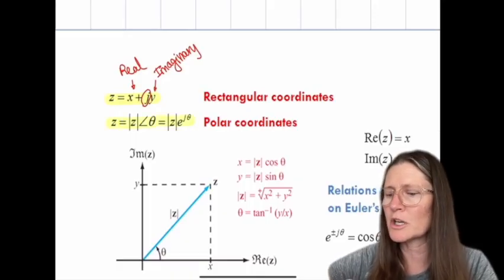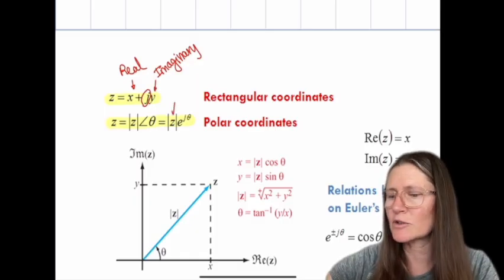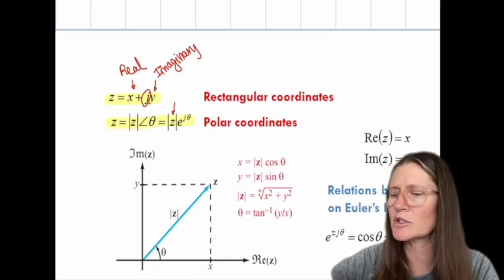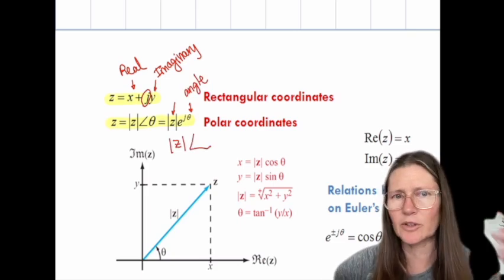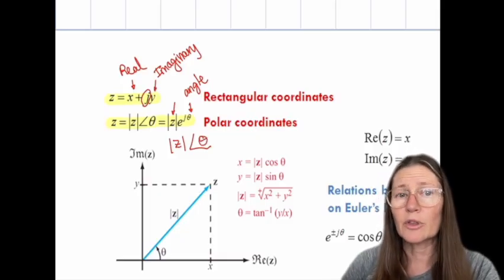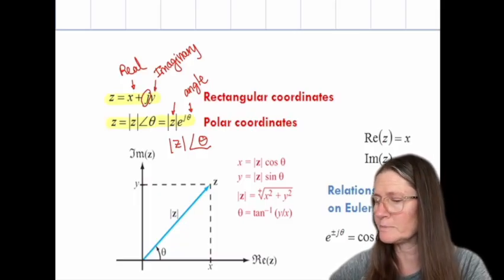For the polar coordinate, you have the magnitude of z, times e raised to the j theta, and theta is your angle. The other way you can write this is the magnitude of z and then an angle sign, and then that value will be theta. So there are two ways to write the same thing for polar coordinates.